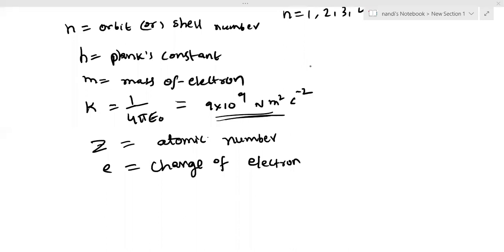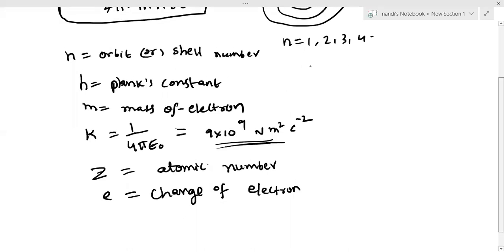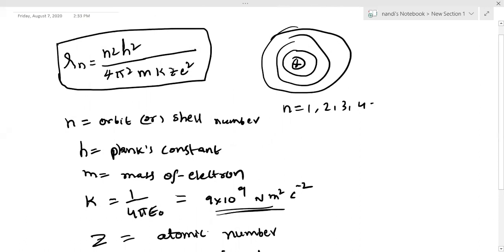Now substitute all values in the formula. Which are the variables here? Can you find out? Which are the constant values, which are the variables?